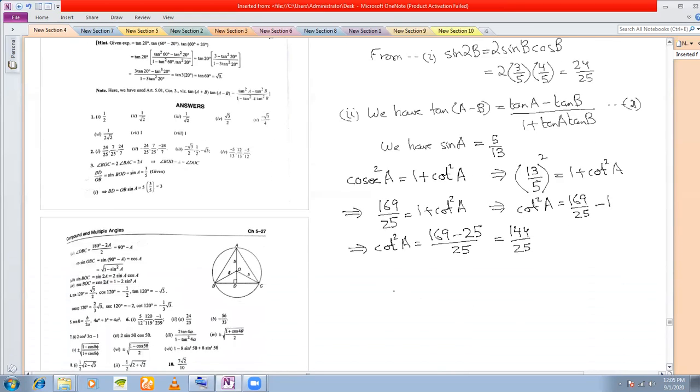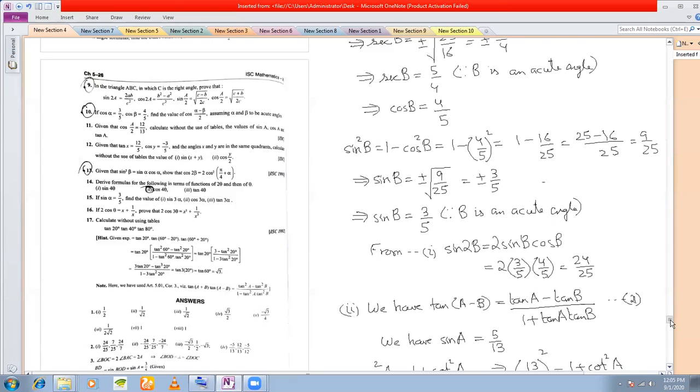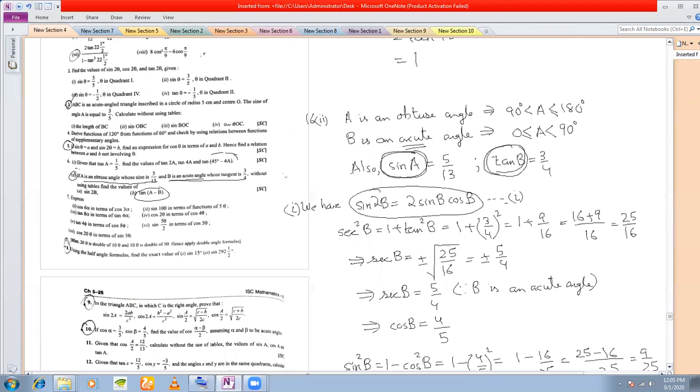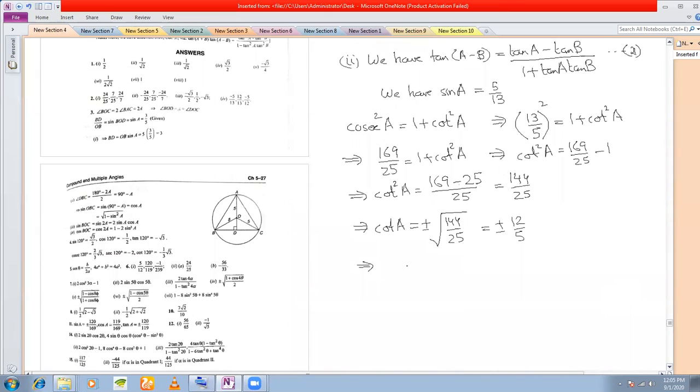So what is cot A? Cot A is plus or minus square root of 144 by 25, which is plus or minus 12 by 5. Now the question is which sign to take. Is A acute or obtuse? A here is an obtuse angle, that means it lies between 90 and 180, in the second quadrant. And in the second quadrant, we know tan and cot are negative.